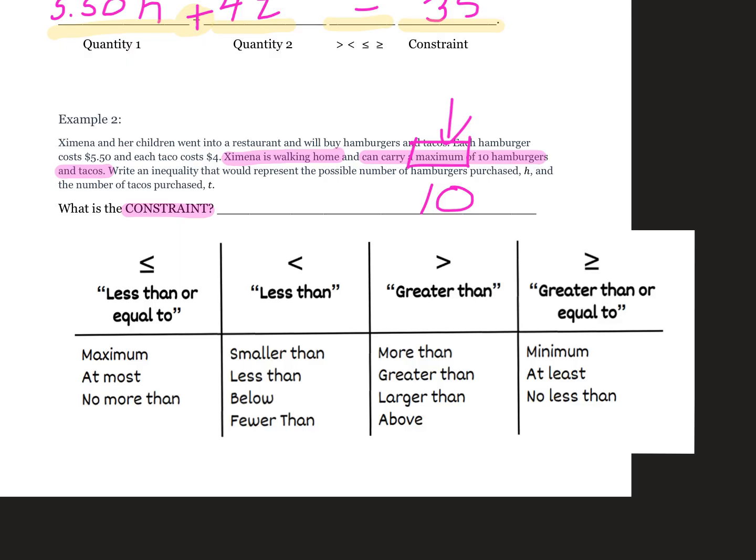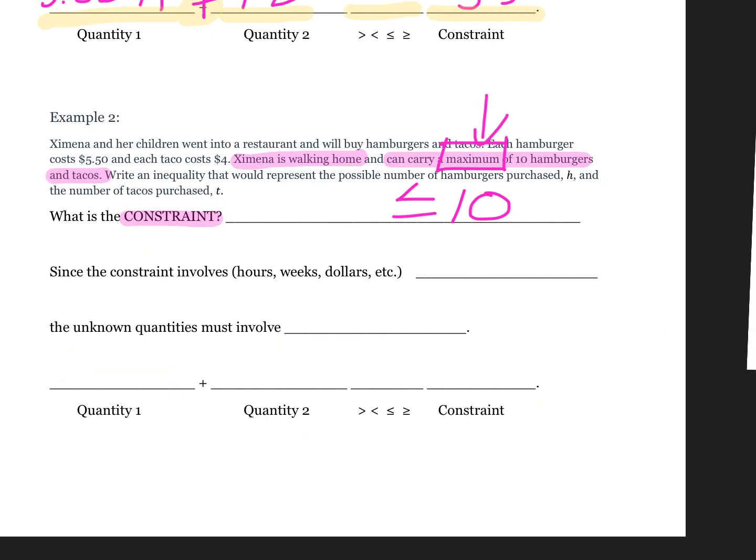We see the word maximum here on our keyword chart, which means I'm going to use less than or equal to for my constraint, for my limit. And this time the 10 doesn't represent money, it represents hamburgers and tacos. So my unknown quantities this time are only going to involve hamburgers and tacos.